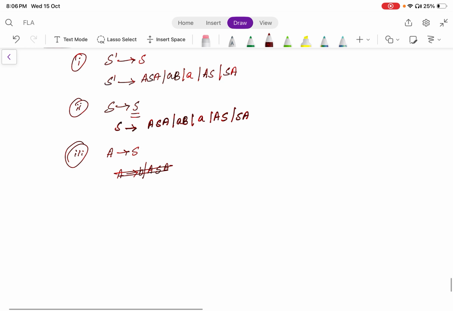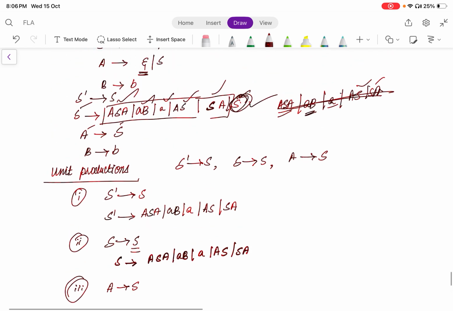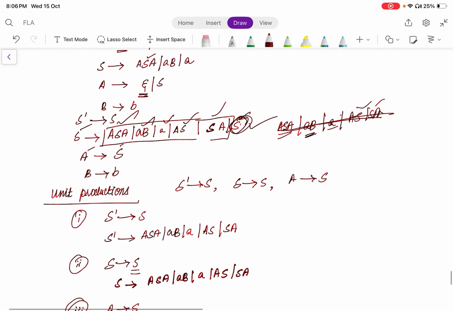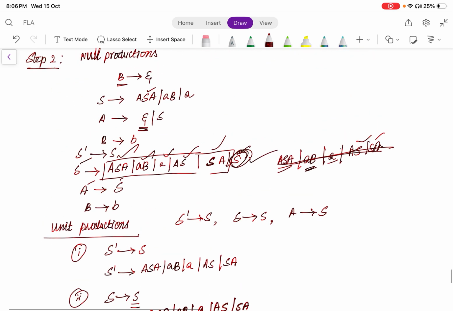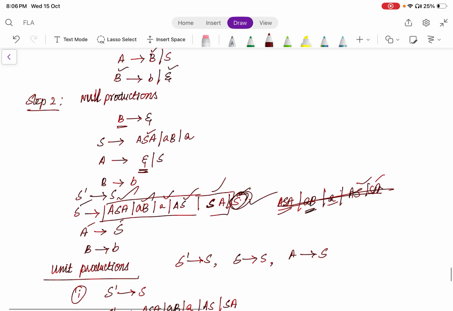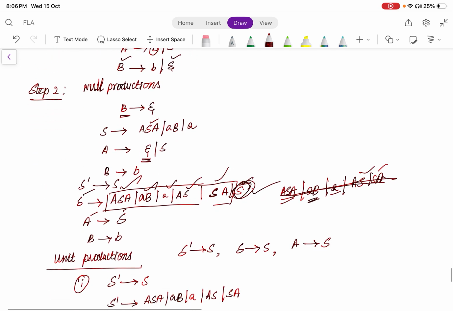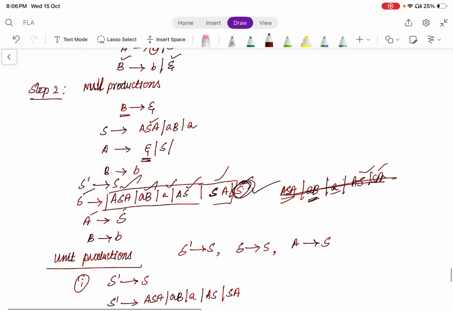Sorry, wait. So we are removing the unit production. I think I have written the question wrong. So we already have B in this, right? A tends to B. I think I have left out that B everywhere.